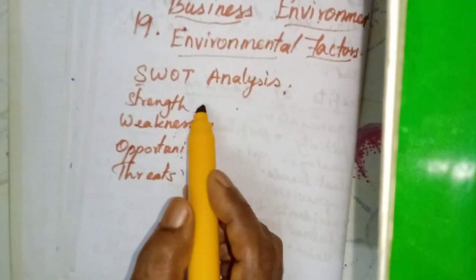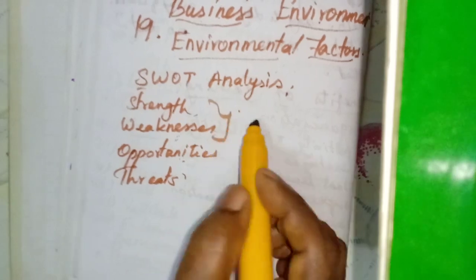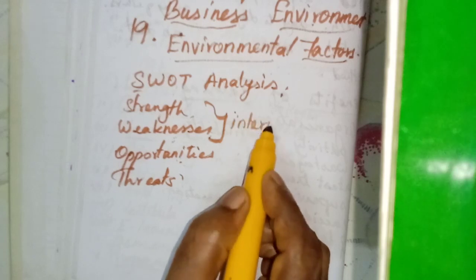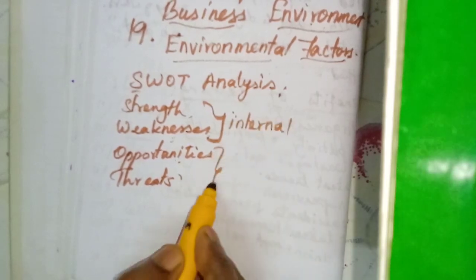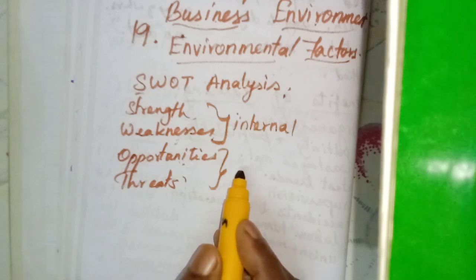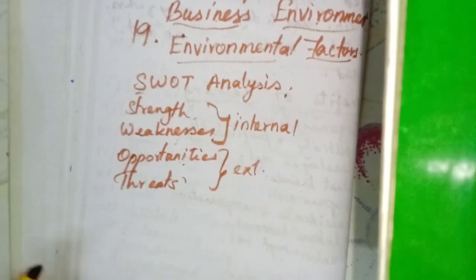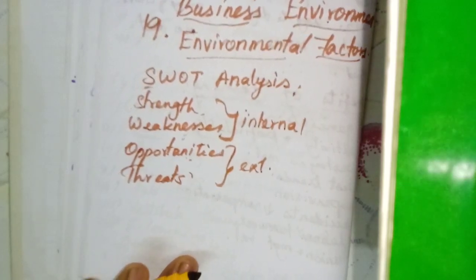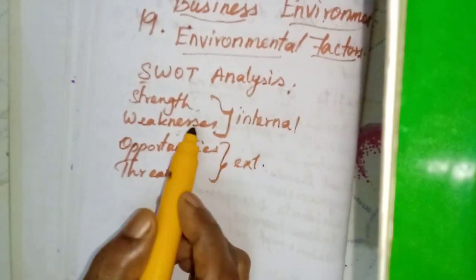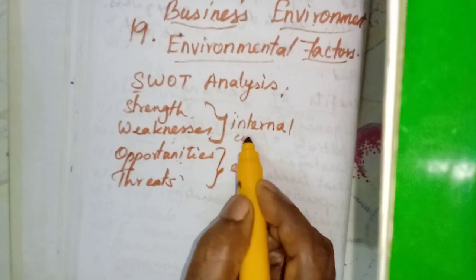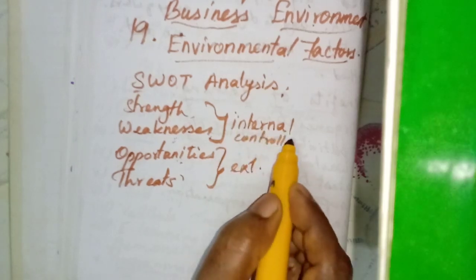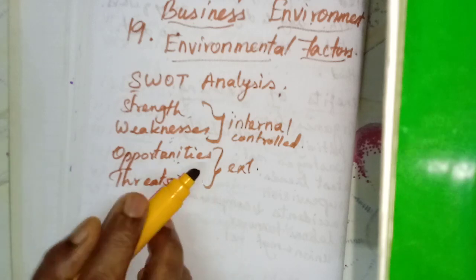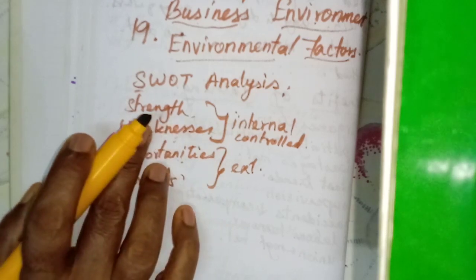The first two, strengths and weaknesses, we can say are within the organization as the internal factors. But opportunities and threats can be identified as the external factors of the organization, the environmental factors. So internal factors can be controlled, because the strength can be encouraged, but the weaknesses can be altered.